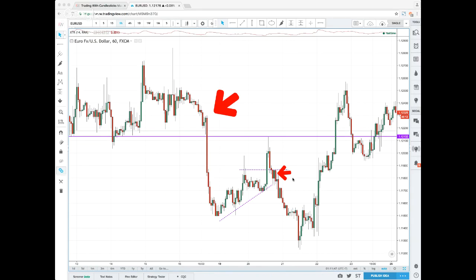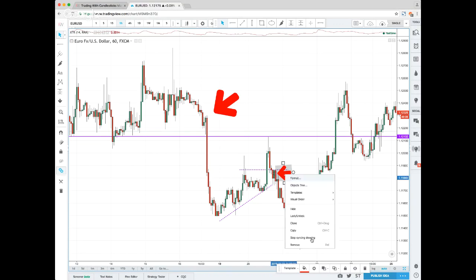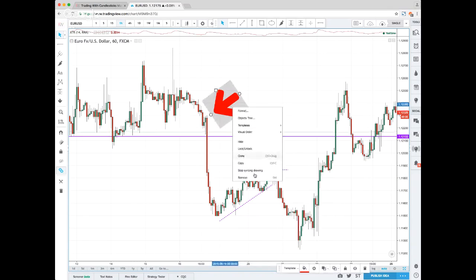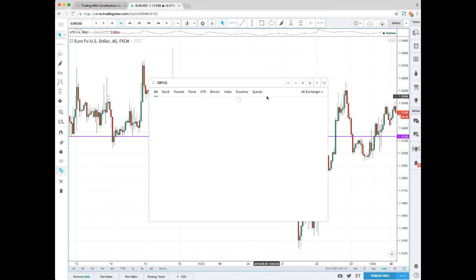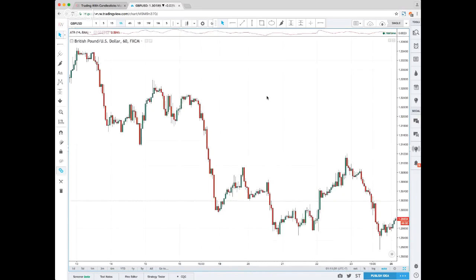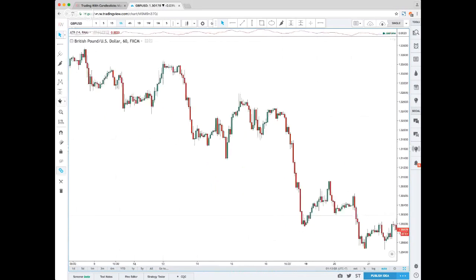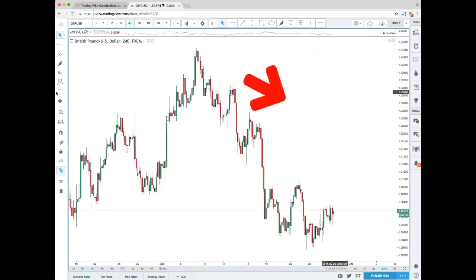All right. So moving forward, let's take a look at another example. Let me open up, let's say, pound dollar. When we're looking at the situation here, we see an overall downtrend coming in hot, right? Major downtrend. That's the big boy, because if I go up to the 4 hours, you can clearly see that downtrend.